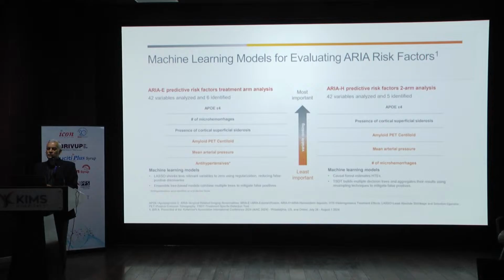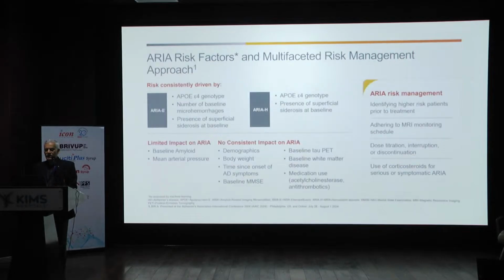If the amyloid is too much in the brain, there is a high likelihood of ARIA. In effect, the ApoE4 genotype, the number of baseline microhemorrhages, and the presence of superficial siderosis are the most consistently found to increase the risk of ARIA.